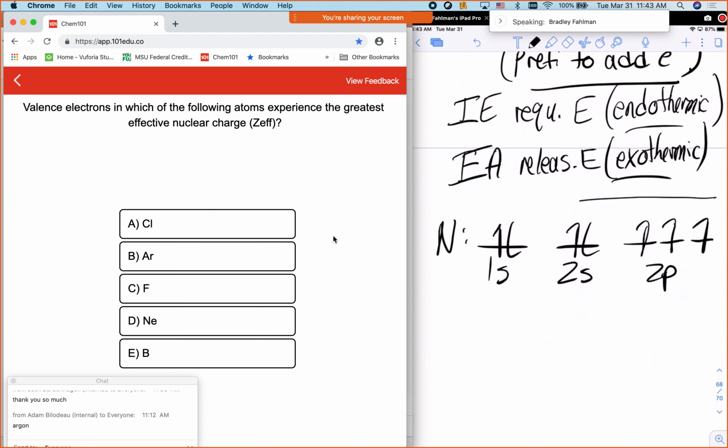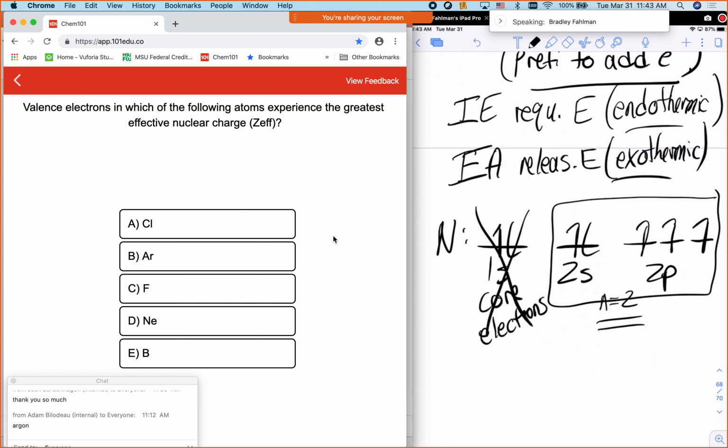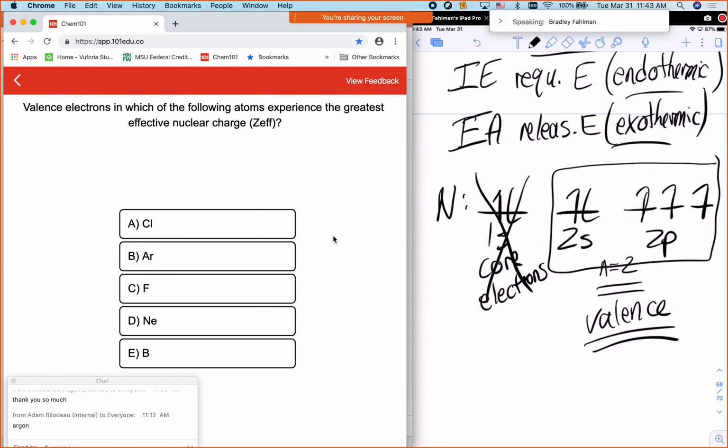We would say the valence electrons would be in the n equals 2 orbital. This would be the core electrons, and we really don't care about those as far as bonding. We only care about these valence electrons. So we would say that nitrogen has 5 valence electrons, for instance. And this question is, valence electrons in which would experience the greatest effective nuclear charge.